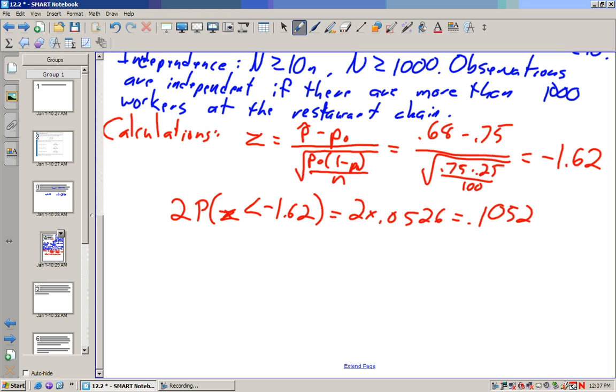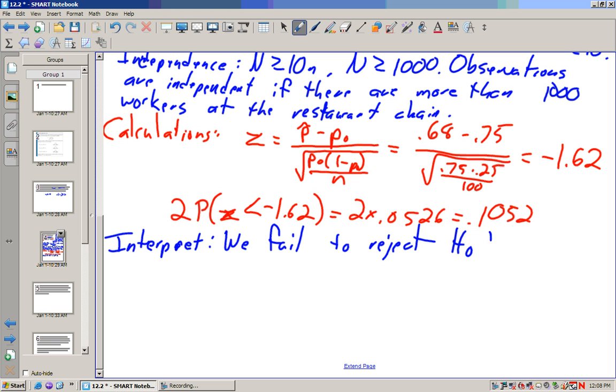Now, they didn't give us an alpha value, but since this is over 0.1, we would probably fail to reject the null. So we fail to reject the null hypothesis because the p-value is 0.1052.